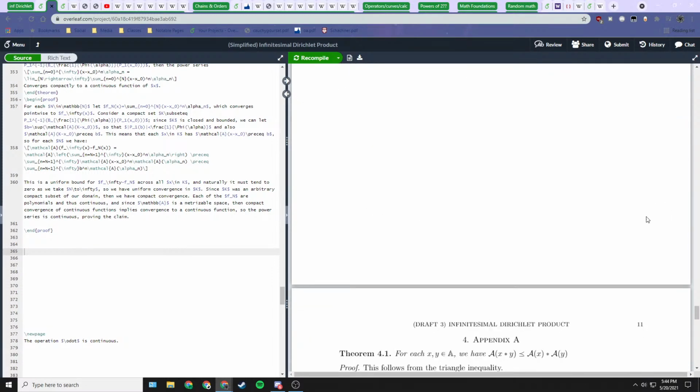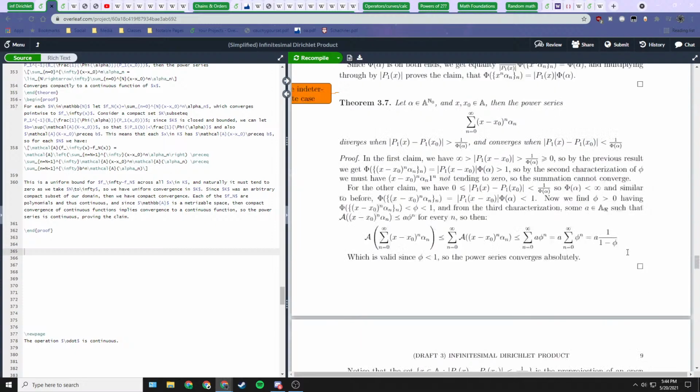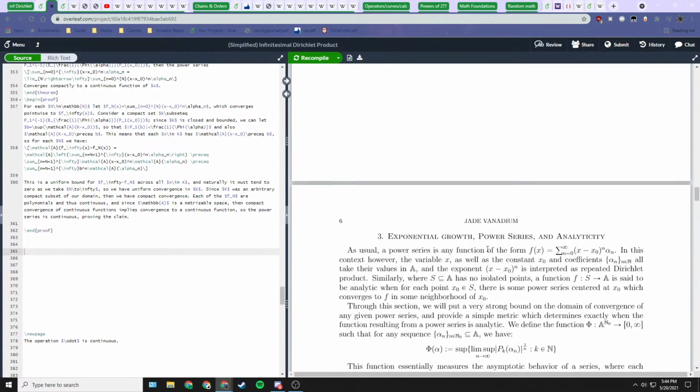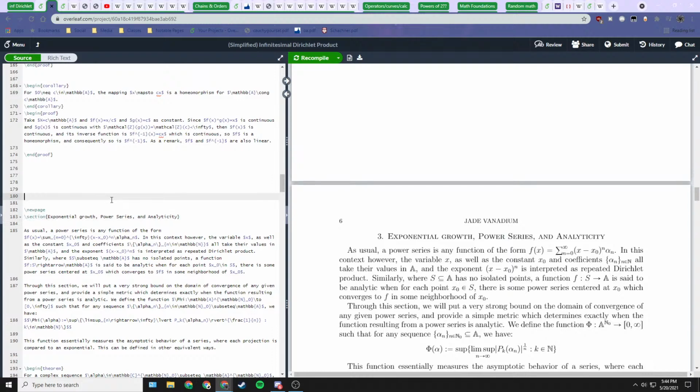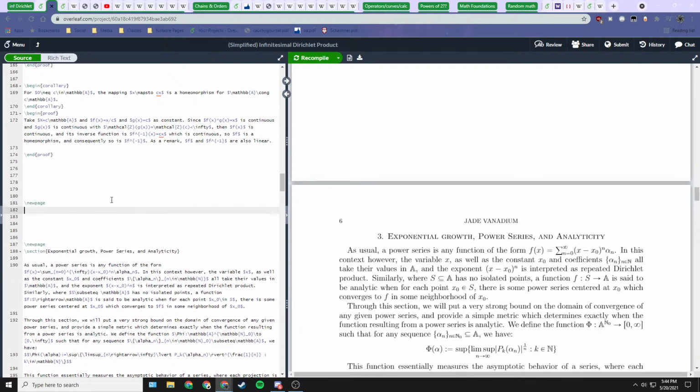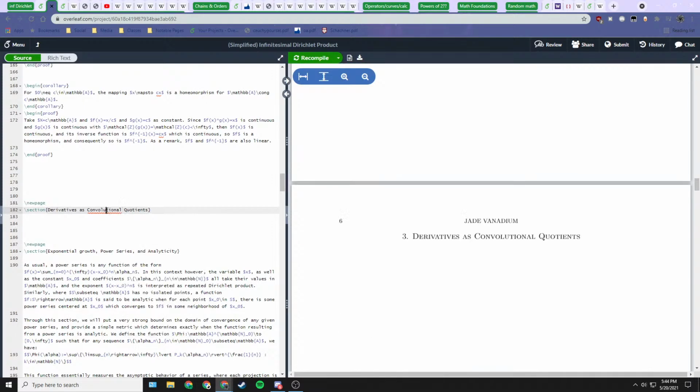So now we're going to start on the next section, which is actually going to go above power series. We're going to do a new section. I don't know if there's any word that... Yeah, that's fine.